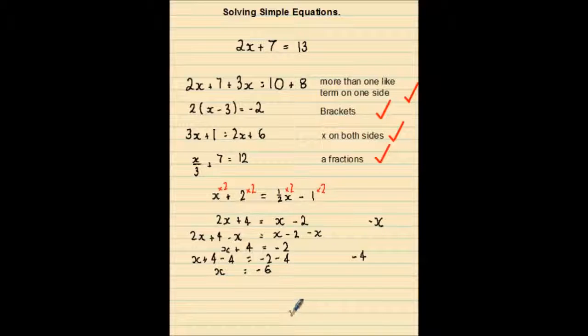If I want to be certain this is correct, it's always good practice to substitute back into your original question. And so we can see I'm quite sure that my answer x equals minus 6 is correct.